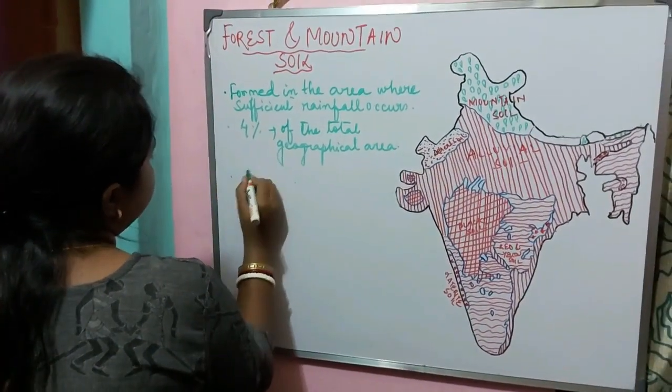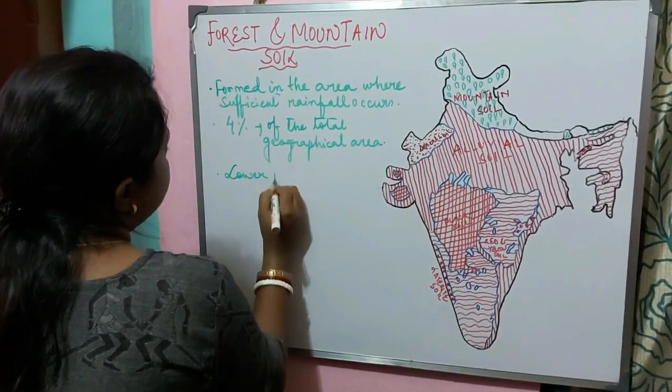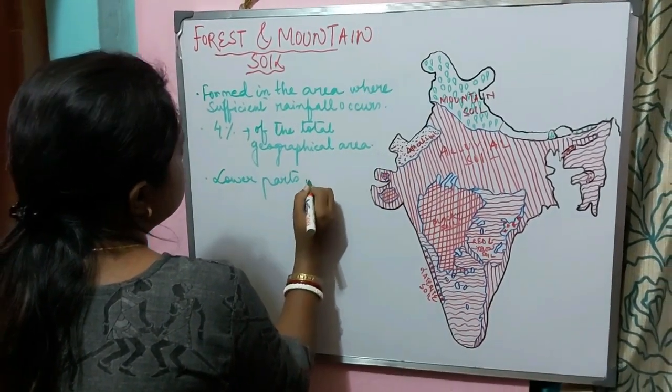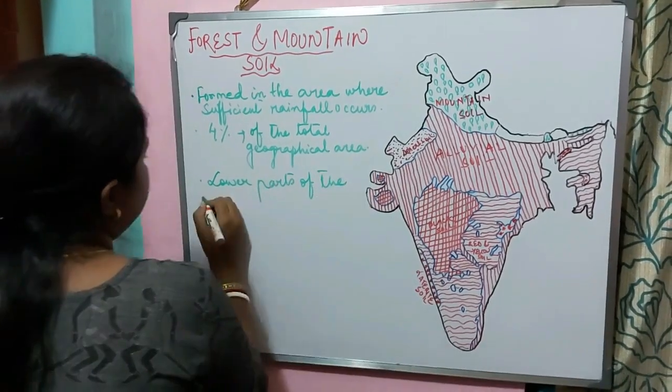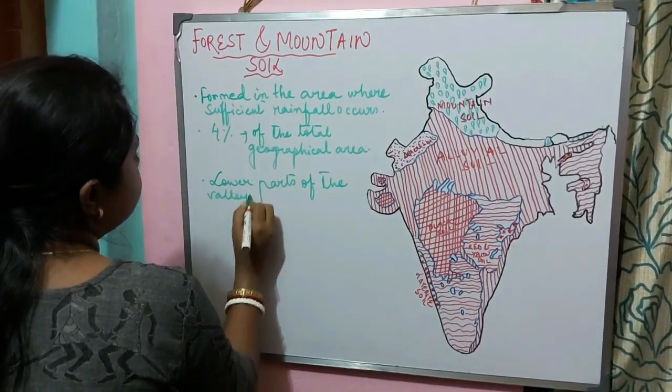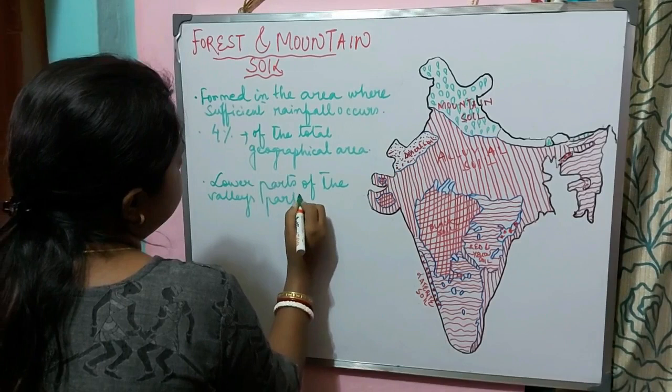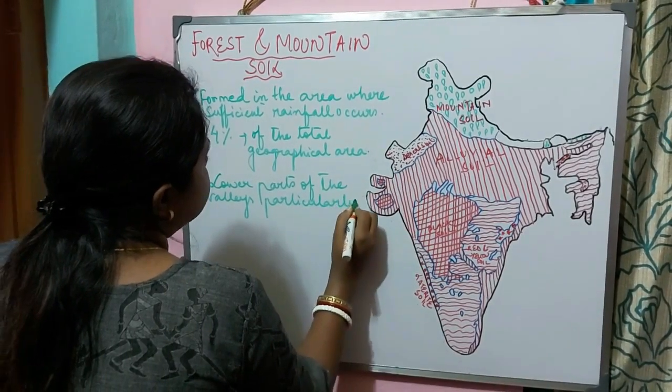You can see lower parts of the valleys, particularly in the river terraces.